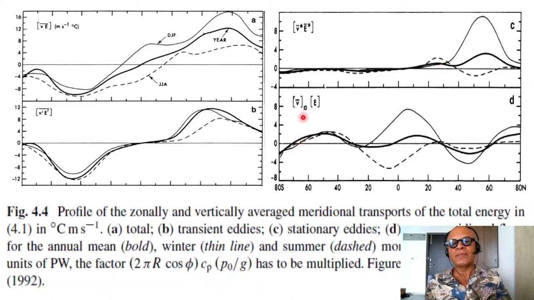Okay. If you look at now the mean flow, the mean meridional flow for the annual mean here, the bold line for the winter and for the summer.